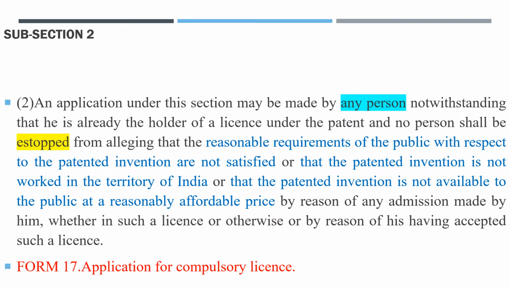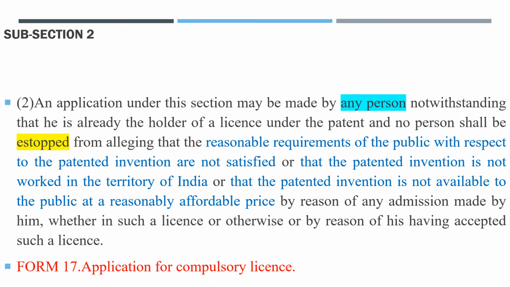Got it? A person who is a part of a license or involved in any way with it can also apply to the controller for a compulsory license by showing the below grounds.